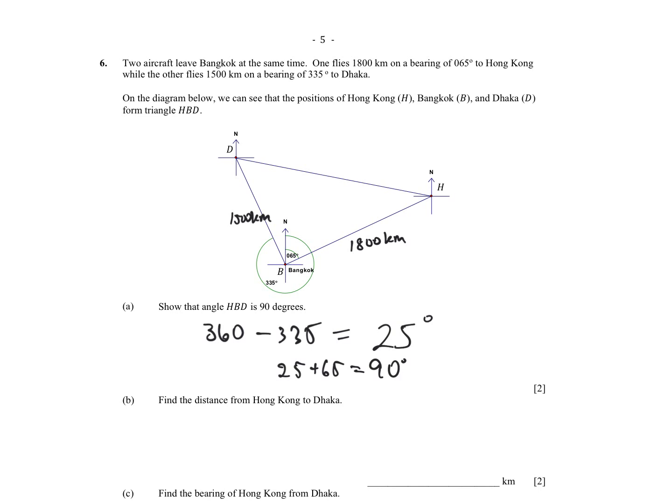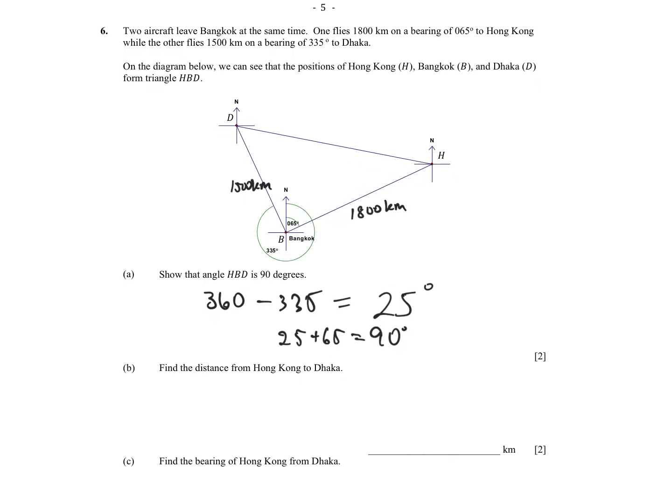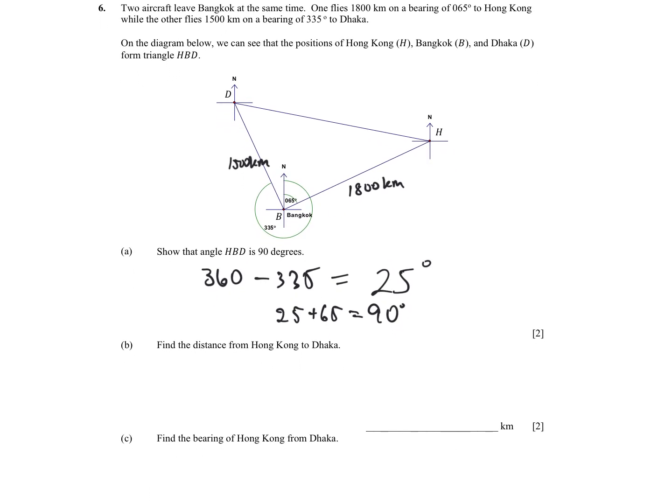Now, whether you were able to do that question or not, it's good to have it because we know now that that's a right angle triangle. And so in the next question, find the distance from Hong Kong to Dhaka. I'm looking for this distance. I know it's a right angle triangle, so I can really just use Pythagorean theorem, right?